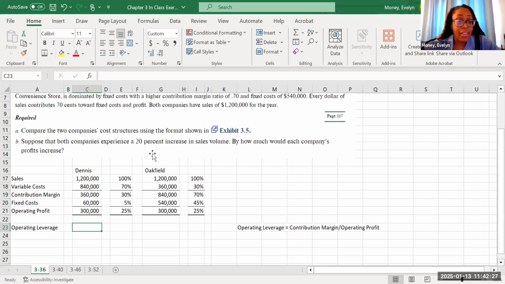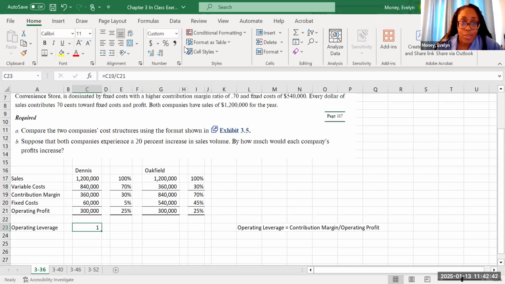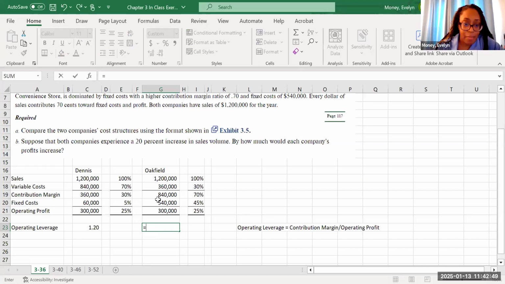So let's find the operating leverage for both Dennis and Oakfield. So I take my contribution margin and divide it by operating profit. And of course, I'm going to have to increase my decimal here because I'm pretty sure that didn't come out to 1. There we go, 1.2. And then we're going to do the same.